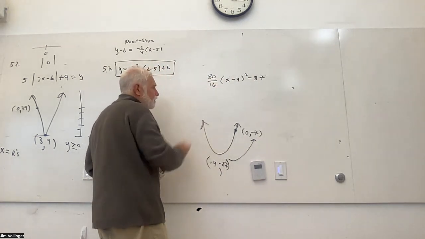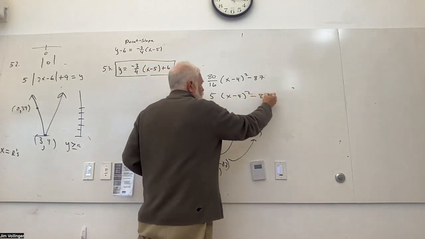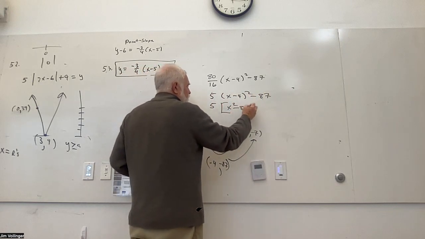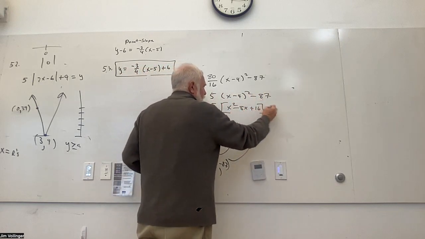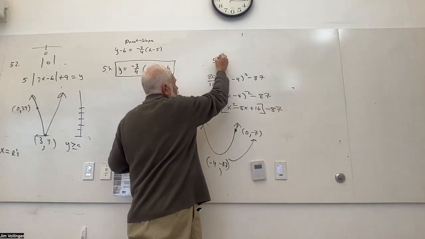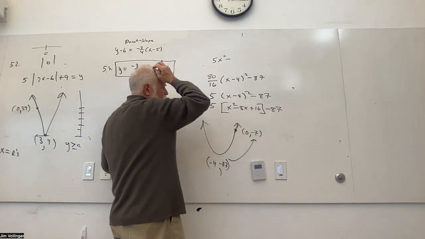Well, there's your 5. And yes, you have to learn how to do this as well. So we might as well do it for more practice. That's 5 times x squared minus 8x plus 16 minus 87. That should get the job done. 5x squared, I think we started with that. Minus 40x. Ooh, I thought we had a positive.